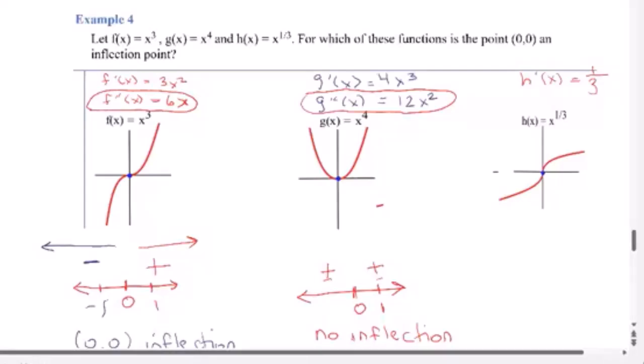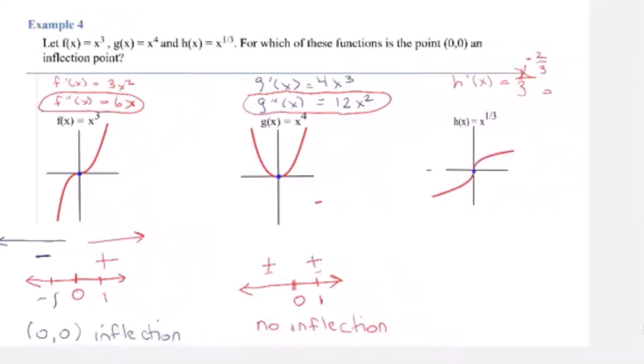So we can say x to the -2/3, but that's the same as 1/3 times the cube root of x squared. Okay, that's my first derivative.